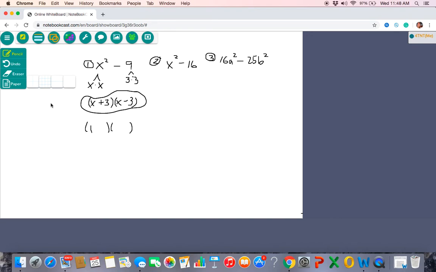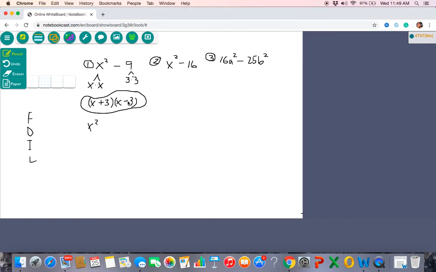I don't have to draw that out for you, but you can look at the answer here. Remember FOIL: first, outer, inner, last. So the first, x times x, is x squared.